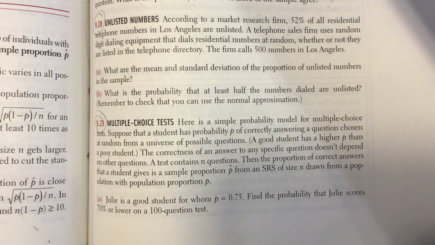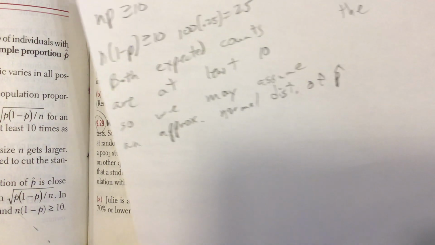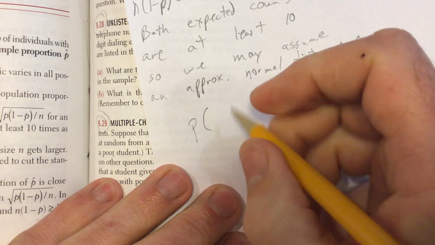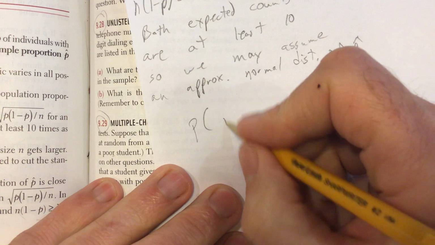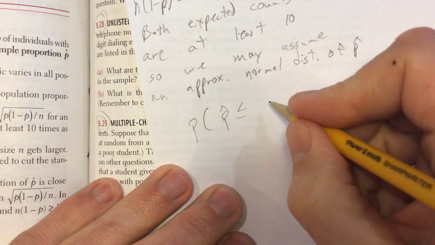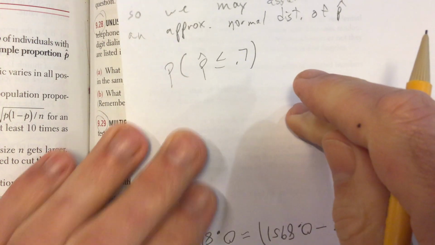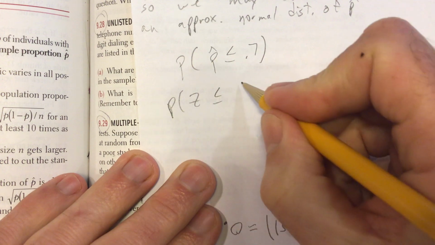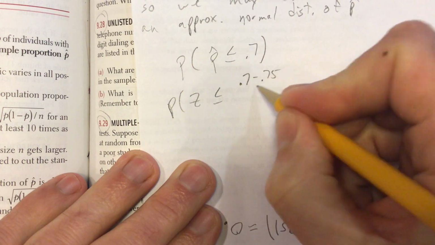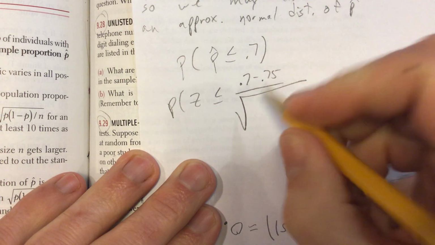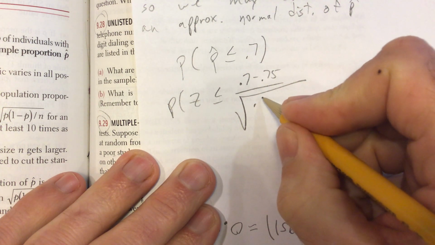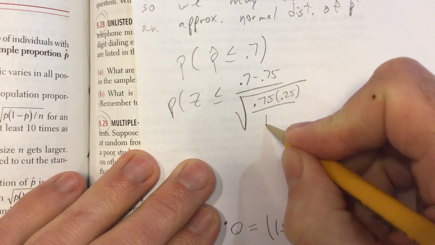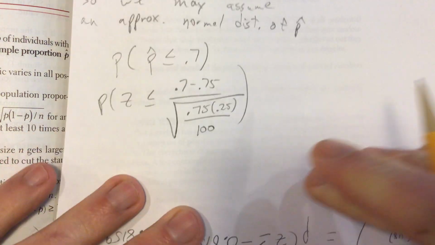All right. So what's the probability she scores 70% or lower? So again, we're going to get a z-score. Okay, so work that out.